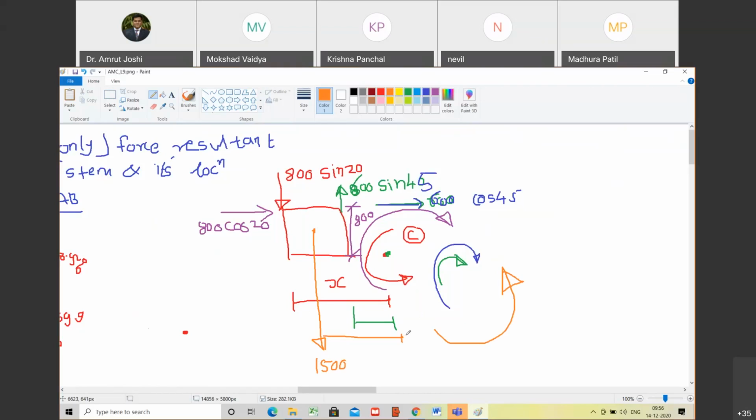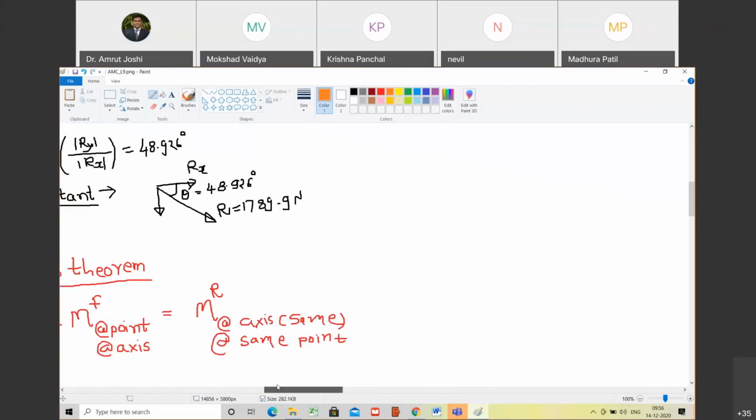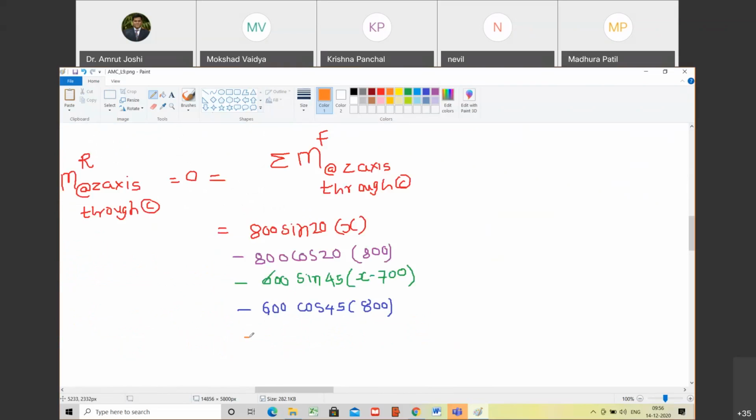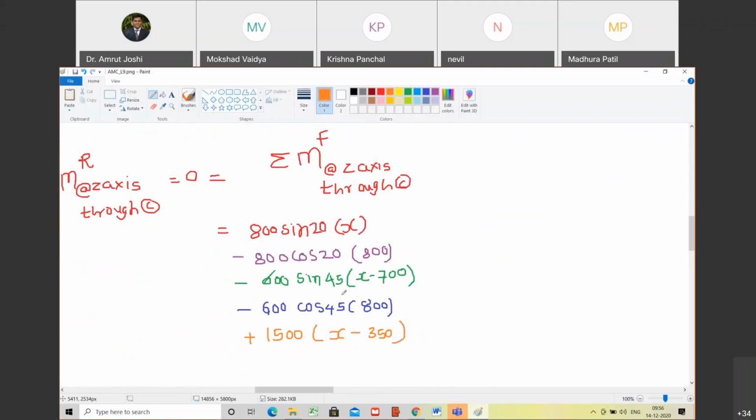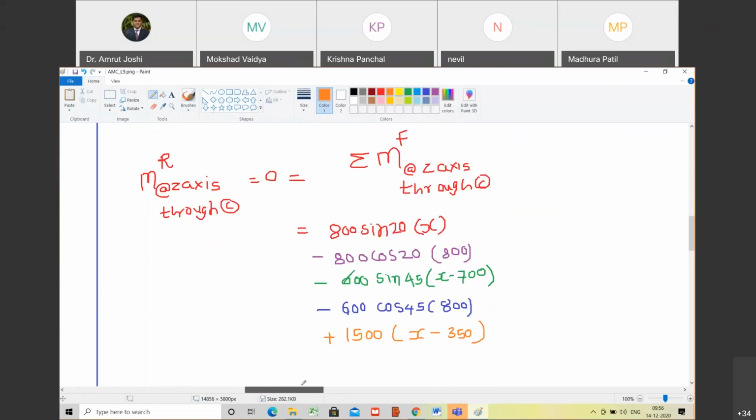How much is this, is it x minus 350? Yes, sir. So how do I write this? With positive sign. Plus 1500 into x minus 350. Are you with me? Yes, sir. And this must be equal to 0, so the only unknown here is x. Do you agree with me?